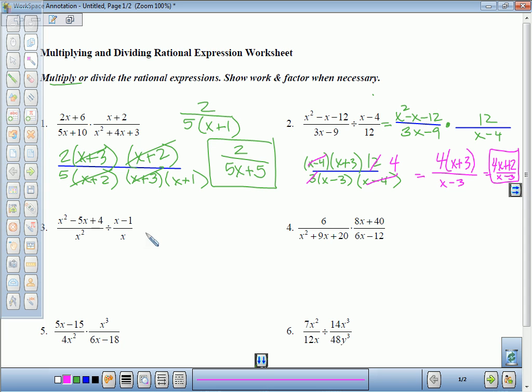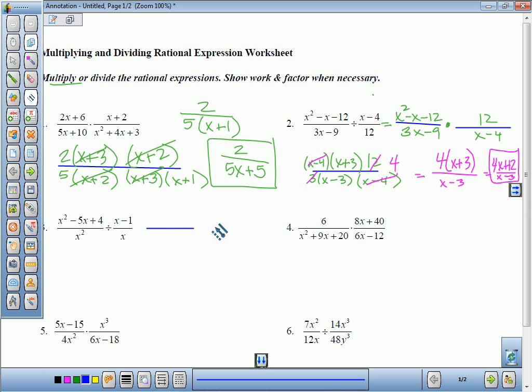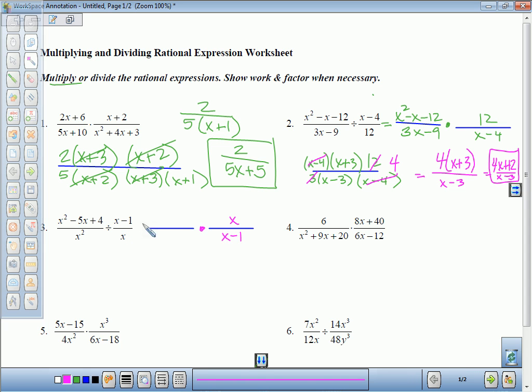All right, this one, the first one, the dividend does not change, the divisor does. So we're going to change it to multiplying by the reciprocal. So this becomes x over x minus 1. All right, so the dividend does not change, the divisor does. Division can also be written as multiplying by the reciprocal.